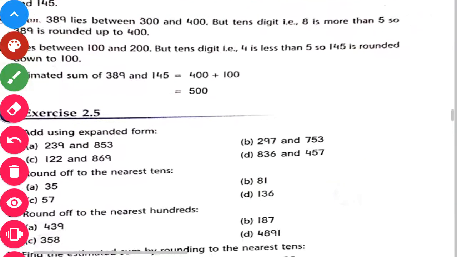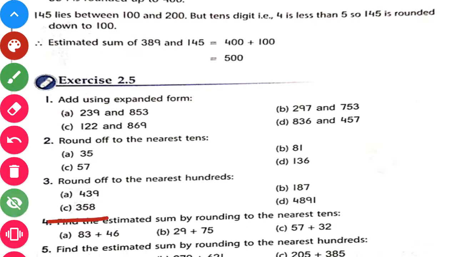Now let us move toward your book exercise. Today we will do exercise 2.5, question number 1 only. Add using expanded form. 239 plus 853.